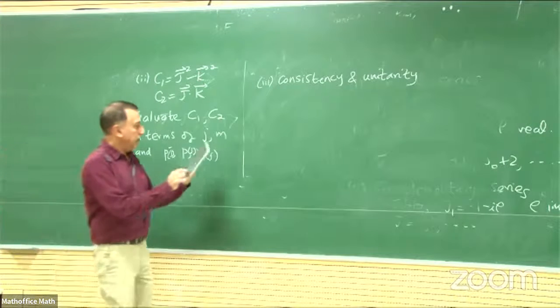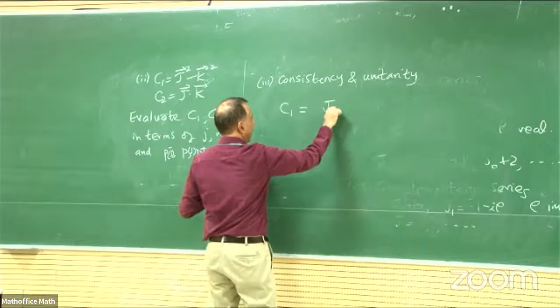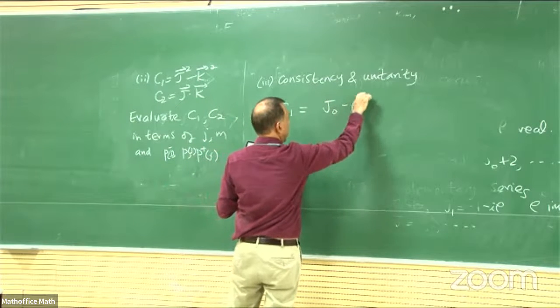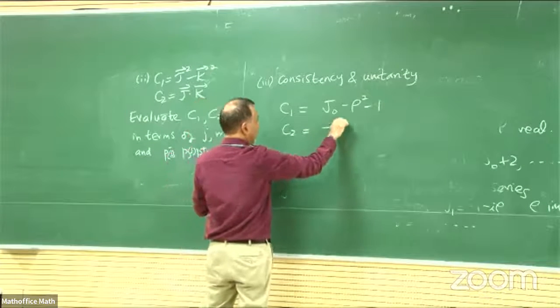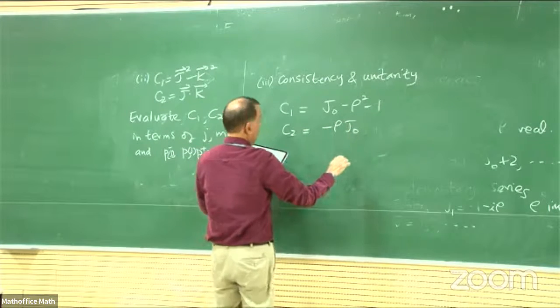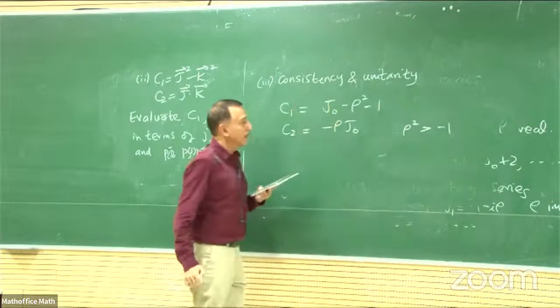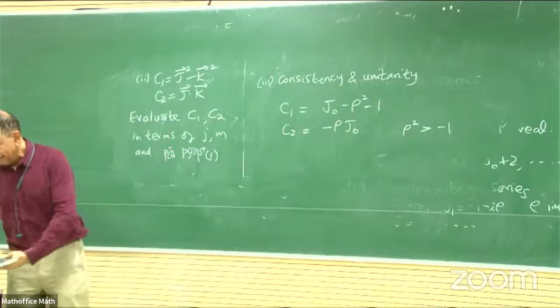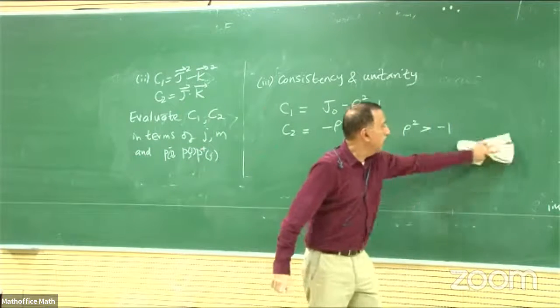And in fact, what he gets in the end, you can take his formulae, and if you rewrite them in my notation, he gets exactly this. And the way he writes it is that rho squared is greater than -1. Now, this is a weird relation, because if rho is real, then of course rho squared is greater than 0.